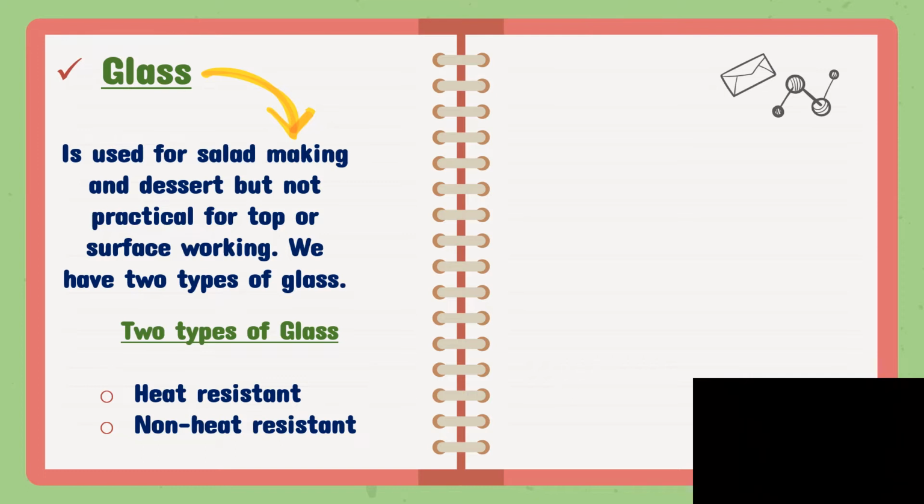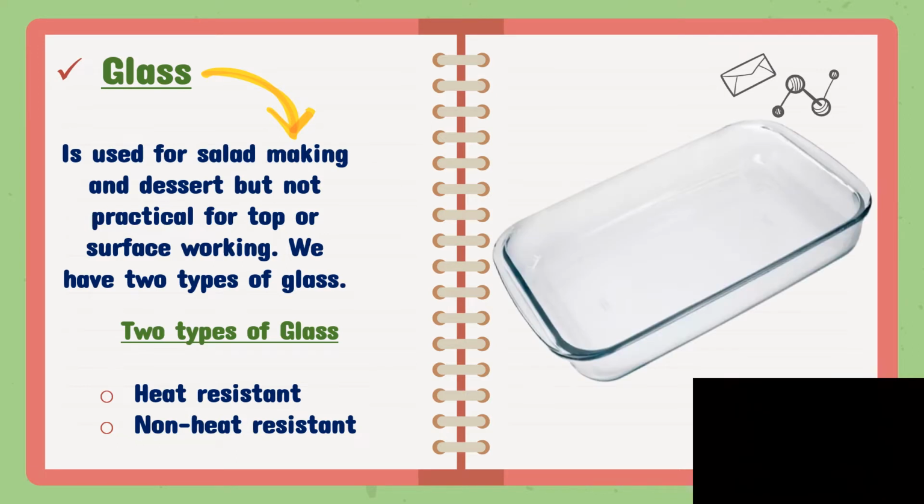At kapag sinabi naman nating non-heat resistant, ito yung mga baso na iniinuman natin, mga platong pinagkakainan na hindi natin pwedeng ilagay sa mga oven or microwave oven. So, ito yung example ng glass.